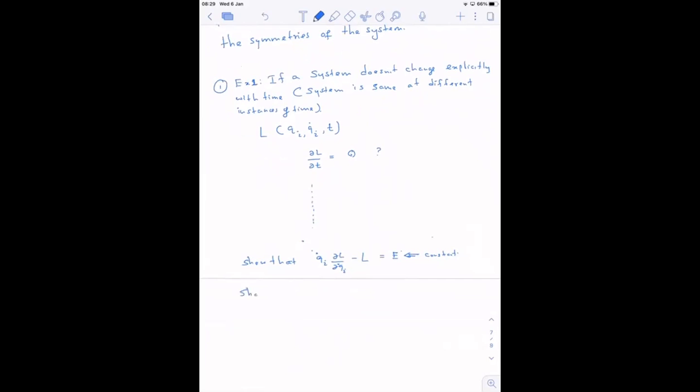Then the second one is to show that if the Lagrangian is equal to this function, that is, you know, the kinetic energy minus potential energy, and the kinetic energy is a function only of q and q dot, and the potential energy, let's say U, is only a function of q, you need to show that E that I am talking about here is equal to potential energy plus kinetic energy, right?